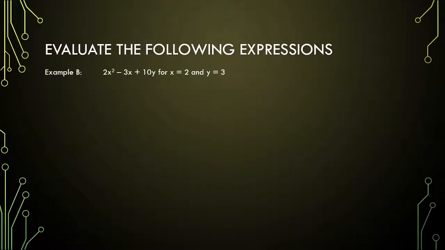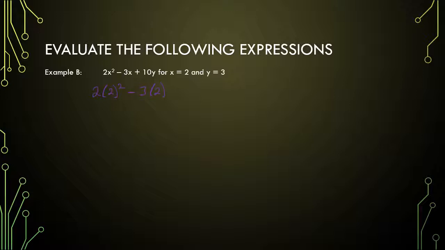For example B, we have 2x squared minus 3x plus 10y. We want to evaluate it for x equals 2 and y equals 3. So we're going to change this to 2 multiplied by 2 squared minus 3 multiplied by 2. That will replace each x with the number 2.